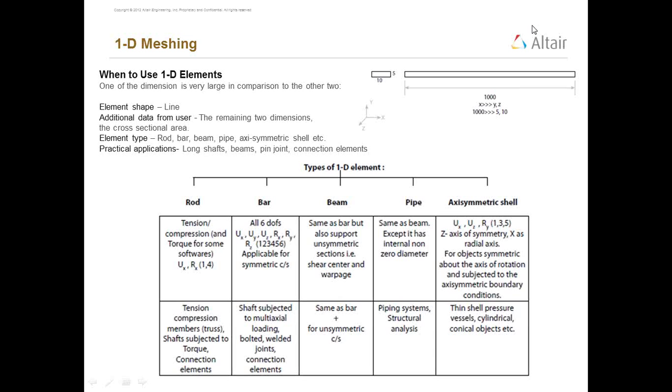Then bar elements. They support all the 6 degrees of freedom, that is translation along XYZ axis and rotation about XYZ axis. It is applicable only for symmetric cross sections.